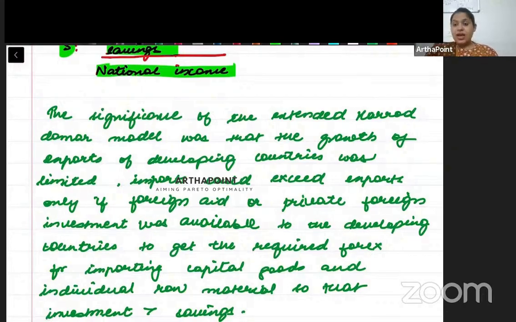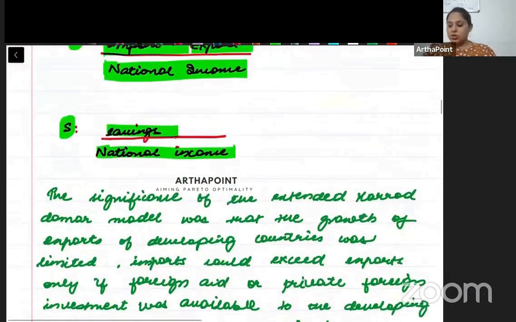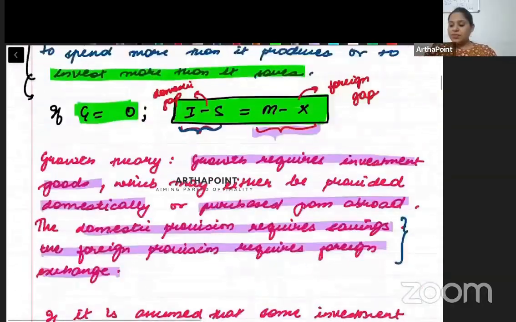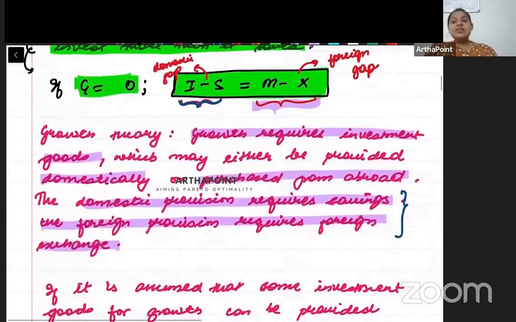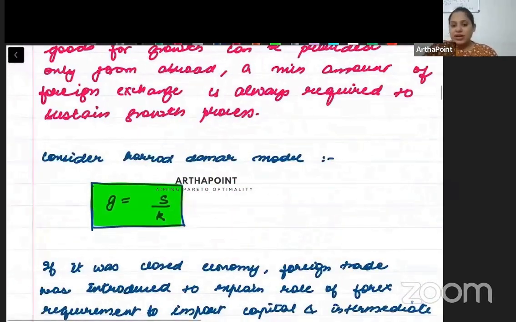It says, if you have foreign aid, अगर आपके पास foreign currency है, तो आप import export से ज्यादा कर सकते हो. और अगर import export से ज्यादा होंगे, तो automatically मुझे पता है कि investment saving से ज्यादा हो पाएगी. और अगर investment saving से ज्यादा होगी, तो growth automatically आएगी.